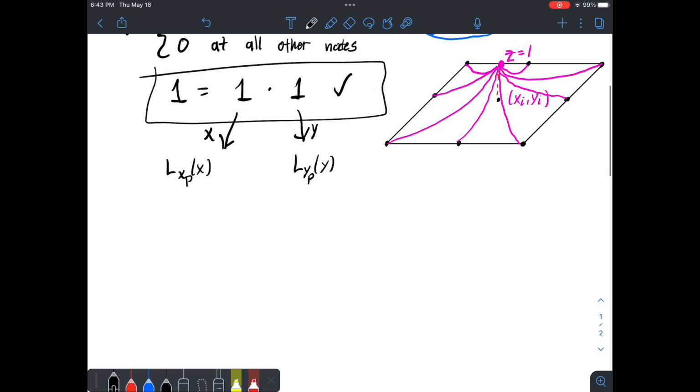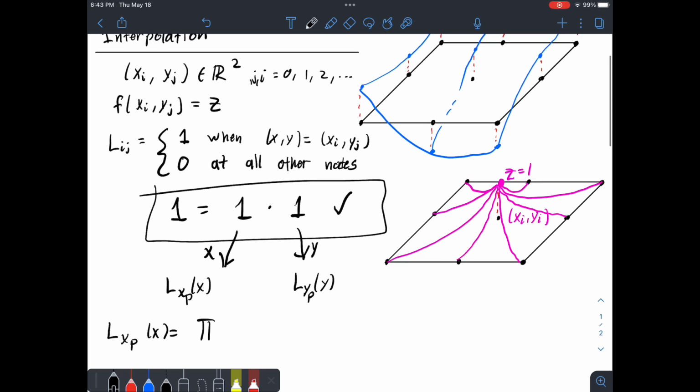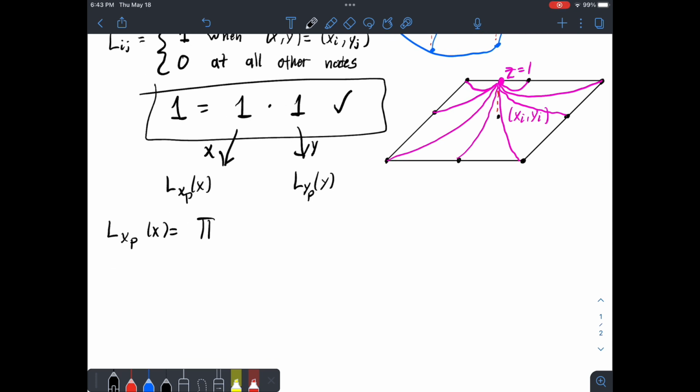So let's develop this. Like last time, I'm going to say that Lxp of x is going to be the product of, let's see, I never actually specified how many points we have. So what I'm actually going to say is just all of them.